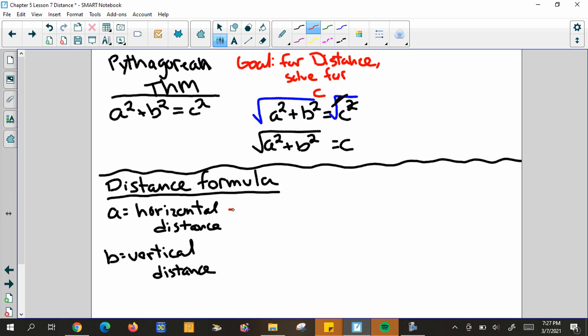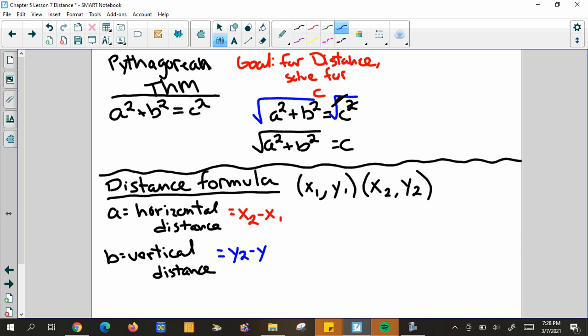Now, if we go back to when we did slope on a graph, we're looking at an x1, y1, x2, y2. Your horizontal distance is x2 minus x1. Your vertical distance is y2 minus y1.